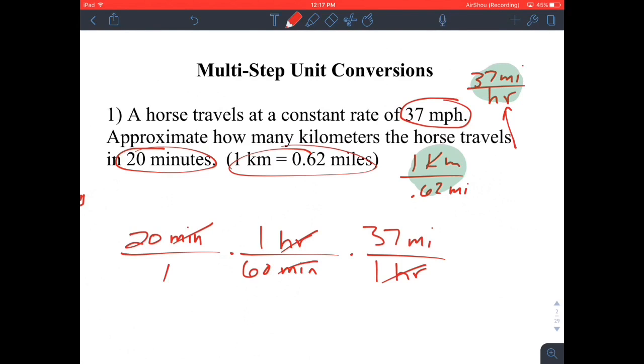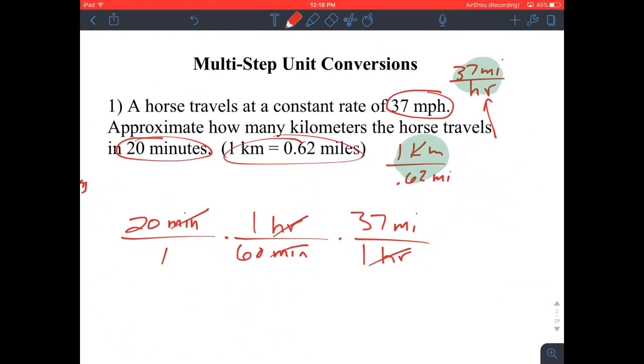Now I'm just straight up in miles. So I'm supposed to figure out how many kilometers I'm supposed to get. Well, I'm going to multiply it by this fraction here. I want the miles to cancel, so I'm going to put 0.62 miles on the bottom and 1 kilometer on top. Now I'm just straight up in kilometers.